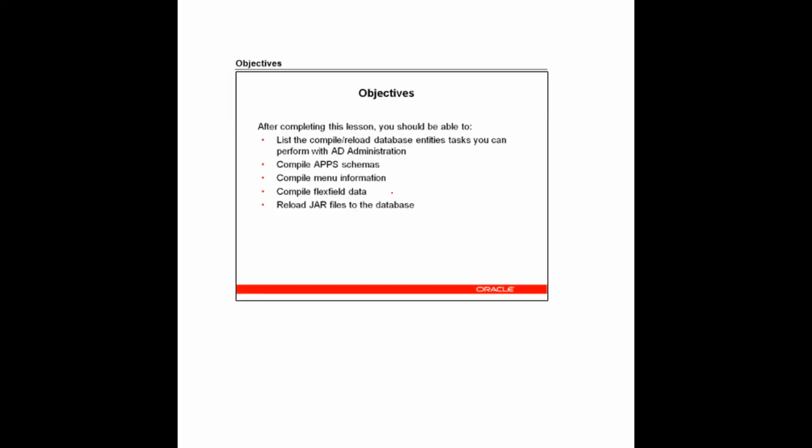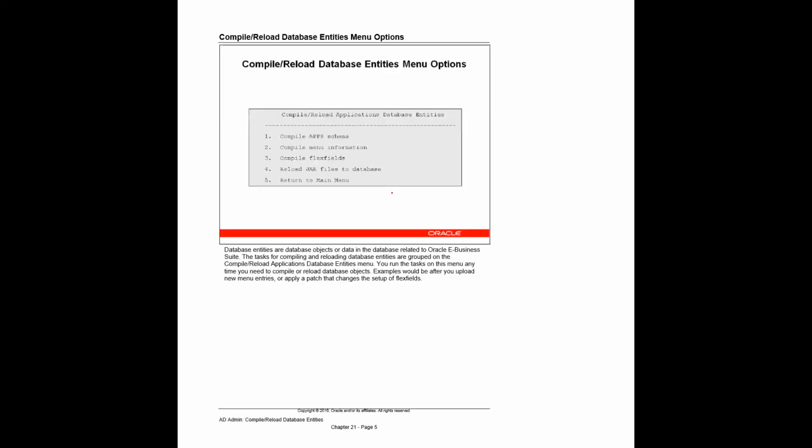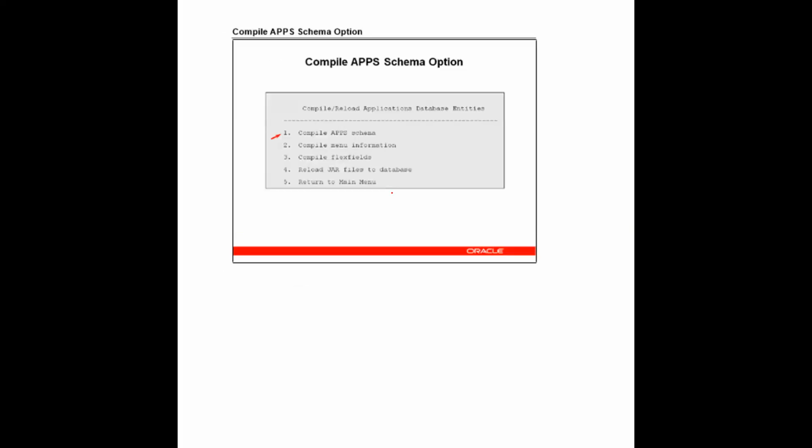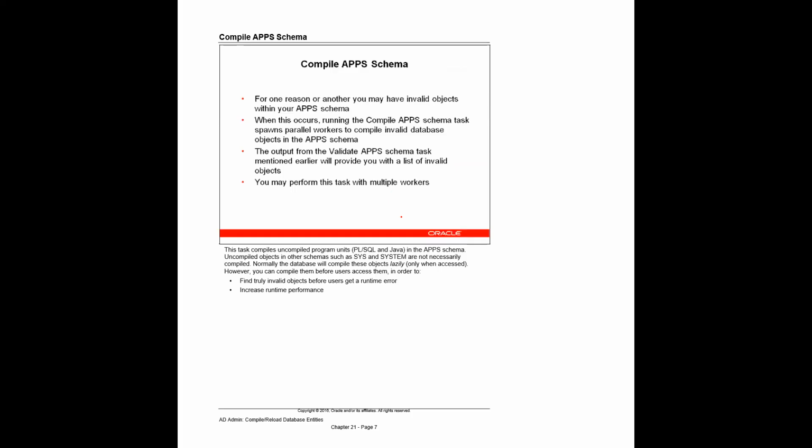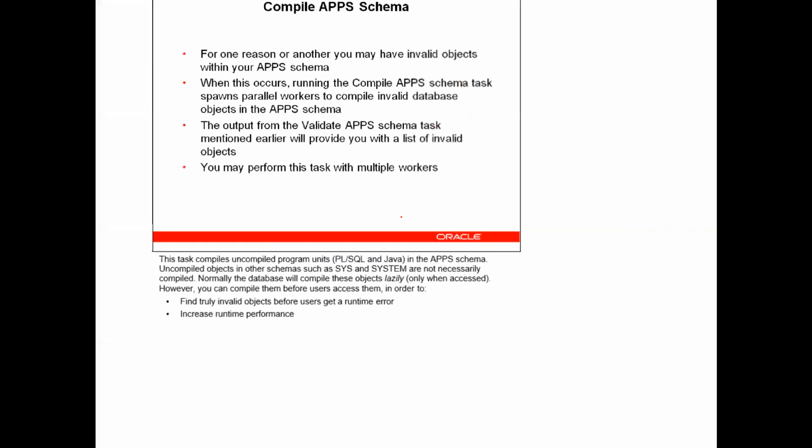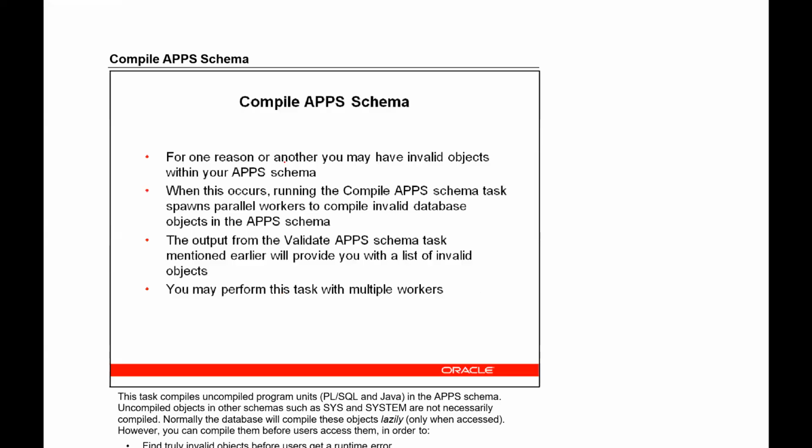And now again, in this, the first one I showed you, compile app schema, which will compile the app schema, right? A very important thing is, for one reason or another, compile apps will never leave you. I think every apps DBA now and then will face issues with the app schema, like there will be some invalid objects having issues.